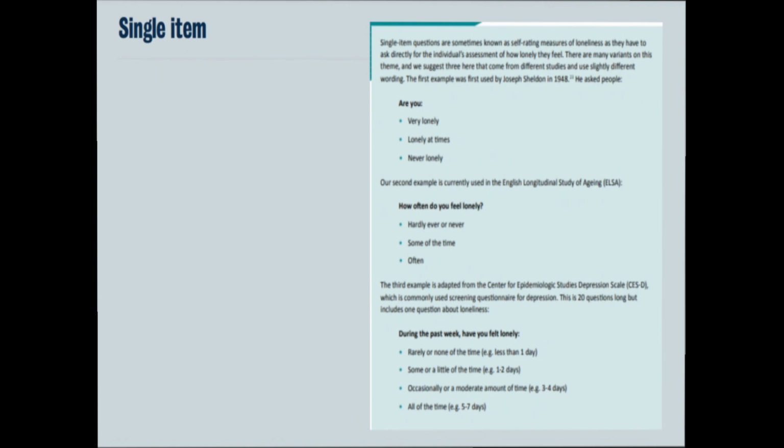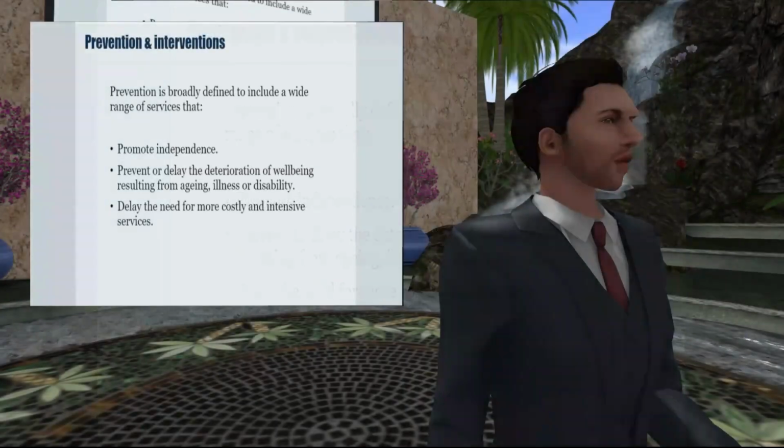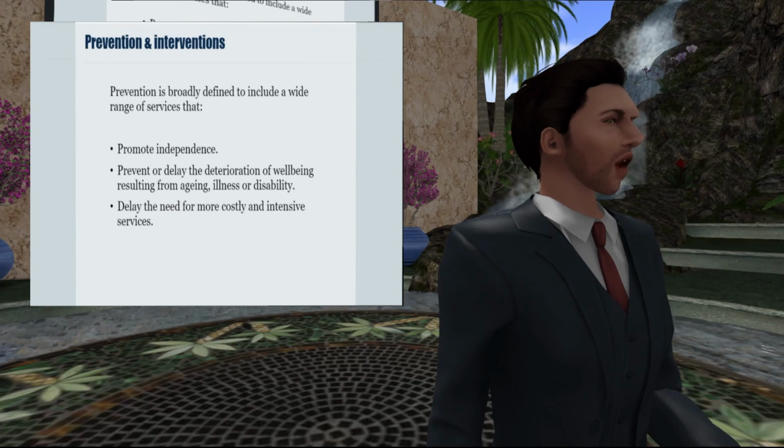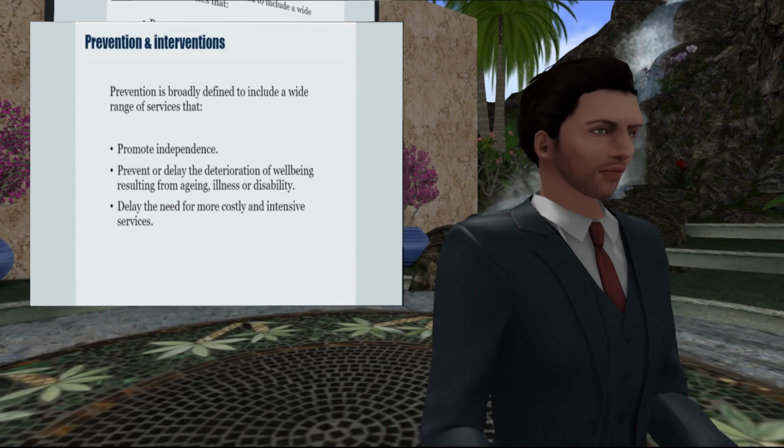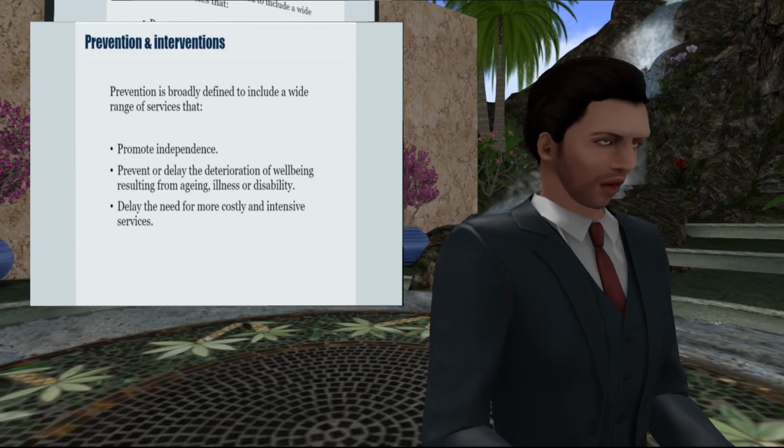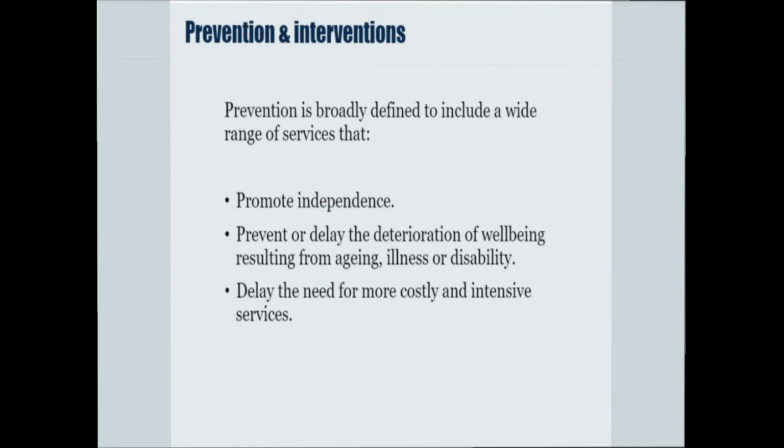Rarely, less than 1 day; some of the time, 1 or 2 days; occasionally, 3 or 4 days; or all the time, more than 5 days. So it is very direct. It is good because it goes straight to the point and you know, okay, definitely you are feeling lonely.